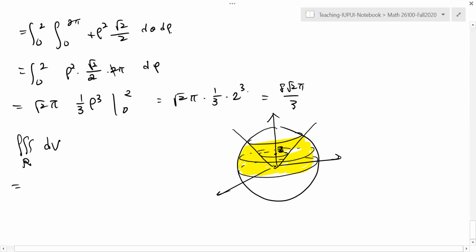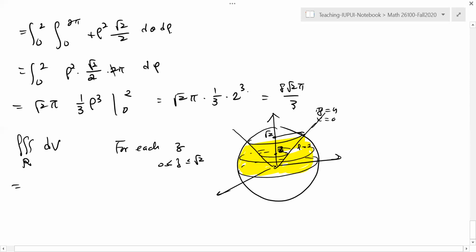In order to set this up, for each z, z is between 0 and the 1 on the top. This line is actually z equals y when x equals 0, so when the radius rho is 2, this is going to be square root of 2. So z is between 0 and square root 2, that's the top.